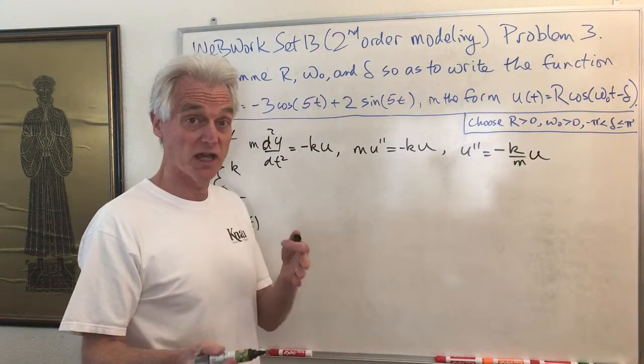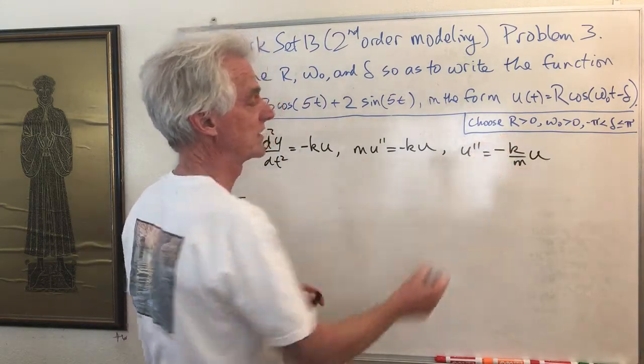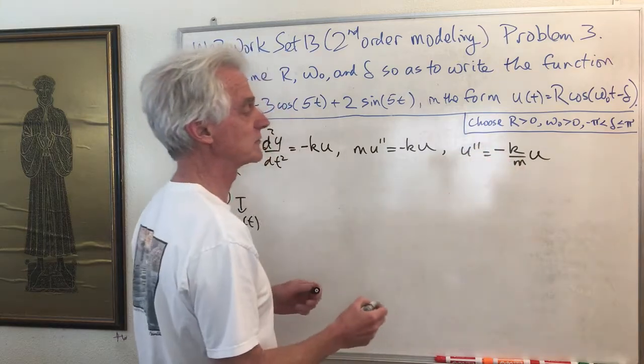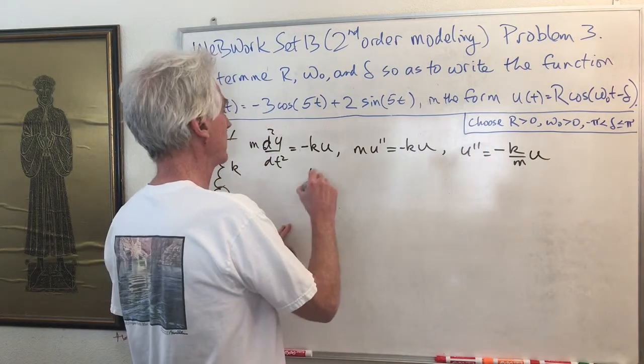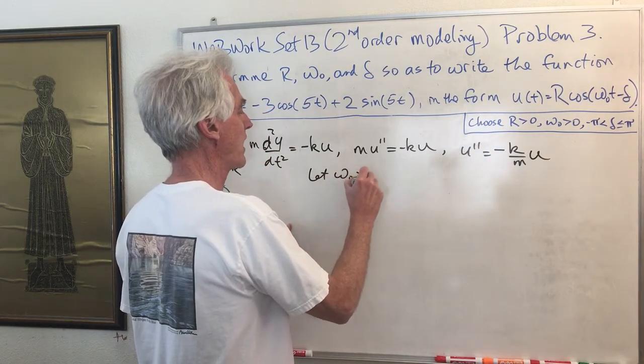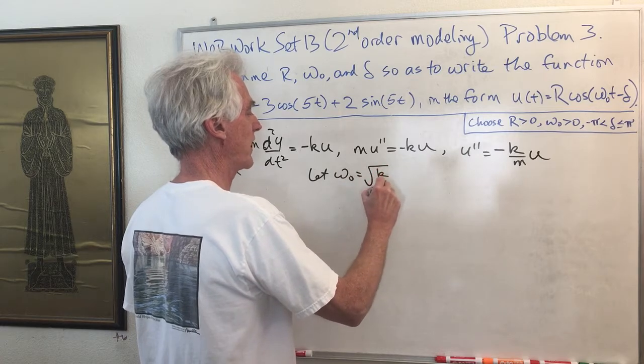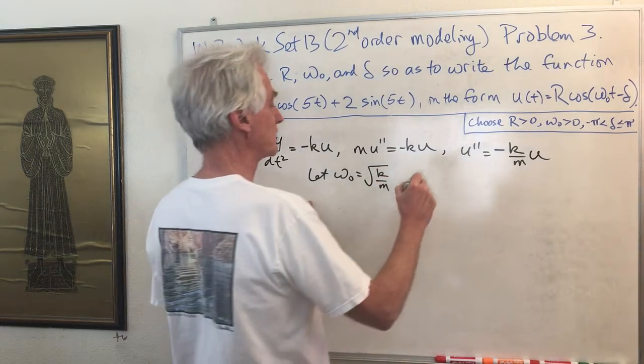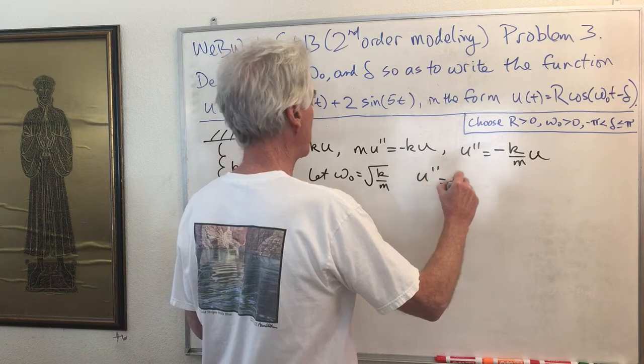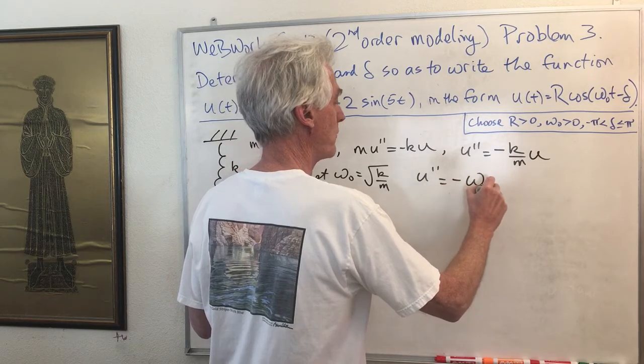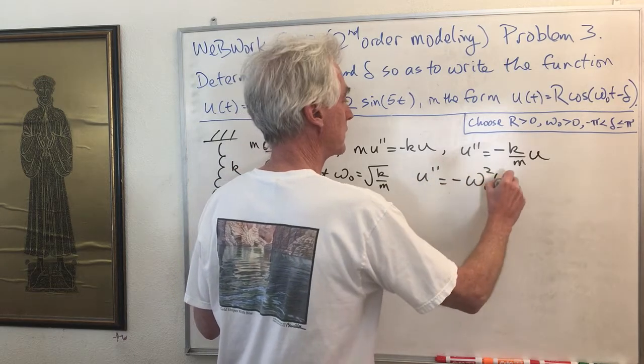And k and m are positive constants, so this is a negative constant times u. So we let omega naught be the square root of k over m, so omega naught is positive, and we get u double prime equals minus omega naught squared u.